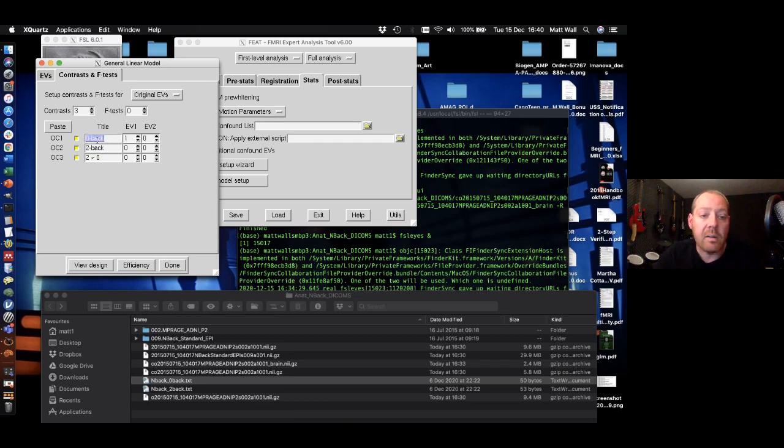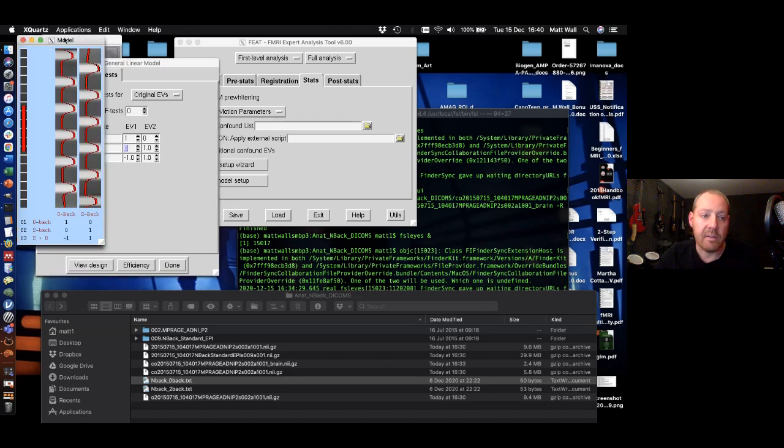So our 0 back contrast, that's correct. We want to look at just the effect of 0 back and we don't want the effect of 2 back. In the 2 back contrast, we don't want that, but we do want that. And in the 2/0, we want that to be -1 and we want that to be +1. And that's now telling the program that we want to subtract this from this.